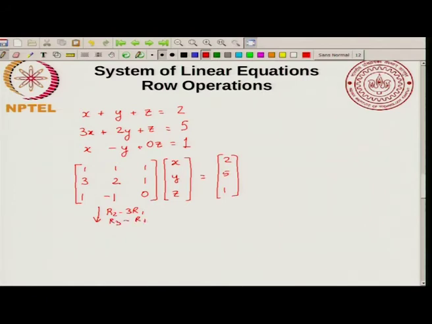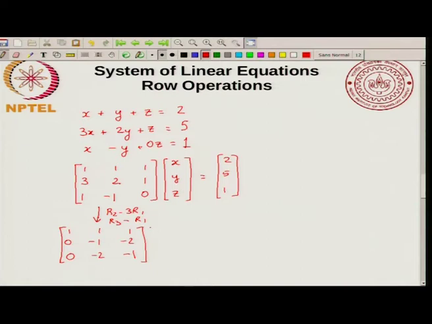It will be instantly clear why I am doing this. So I get 1 1 1, R1 is not changed, R2 is 0, minus 1, minus 2, and R3 is 0, minus 2, minus 1.